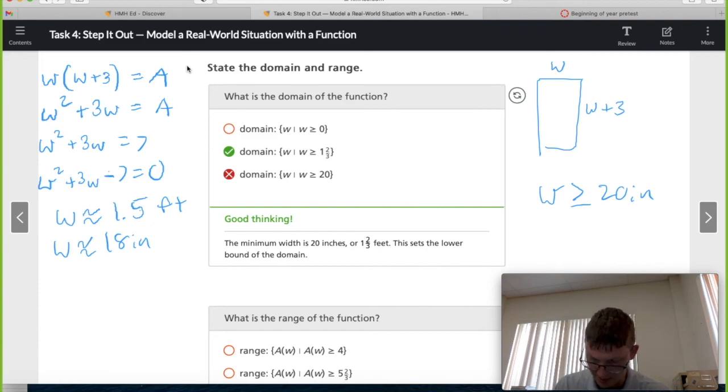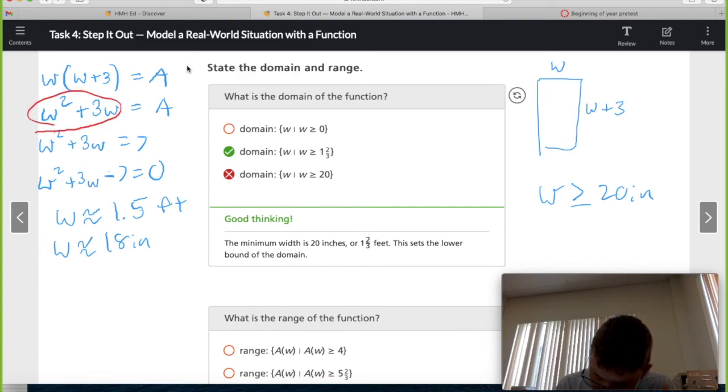So let's do that real quick. So we're going to plug in, we're going to use this one. So 1 2/3 squared. I'm just plugging this in.